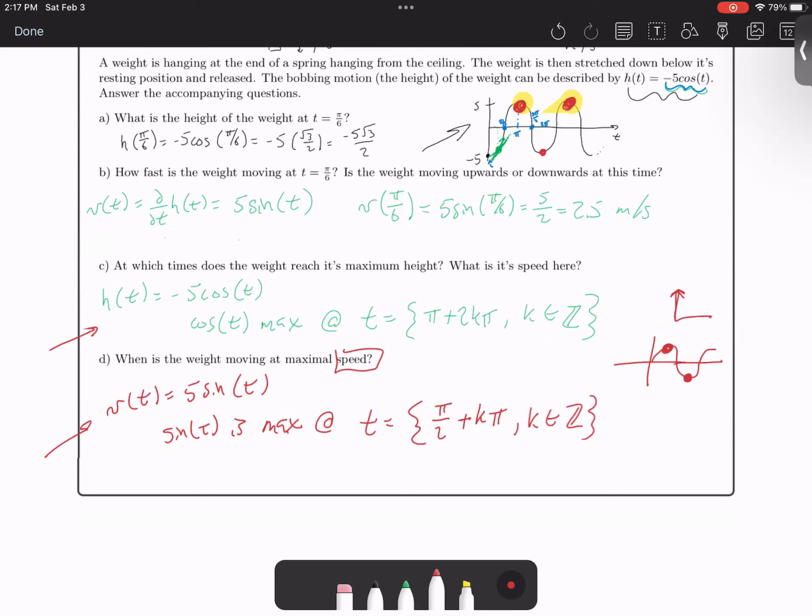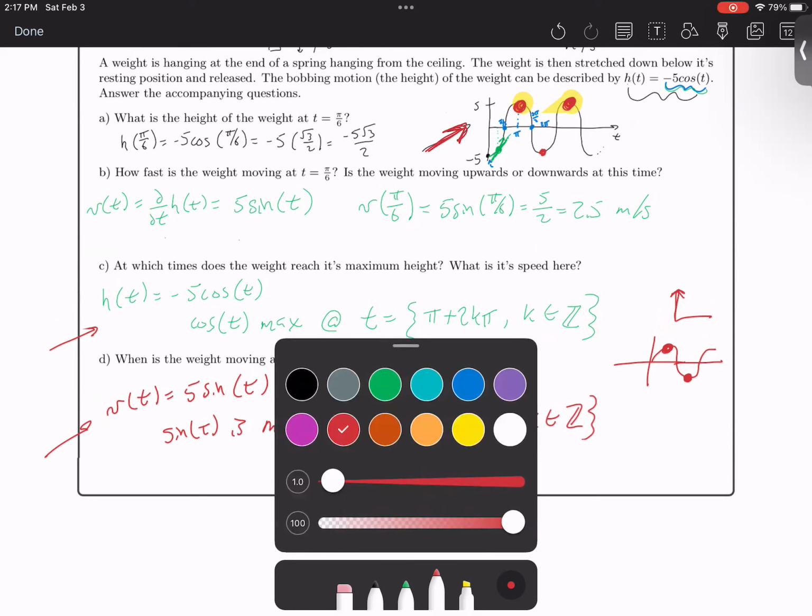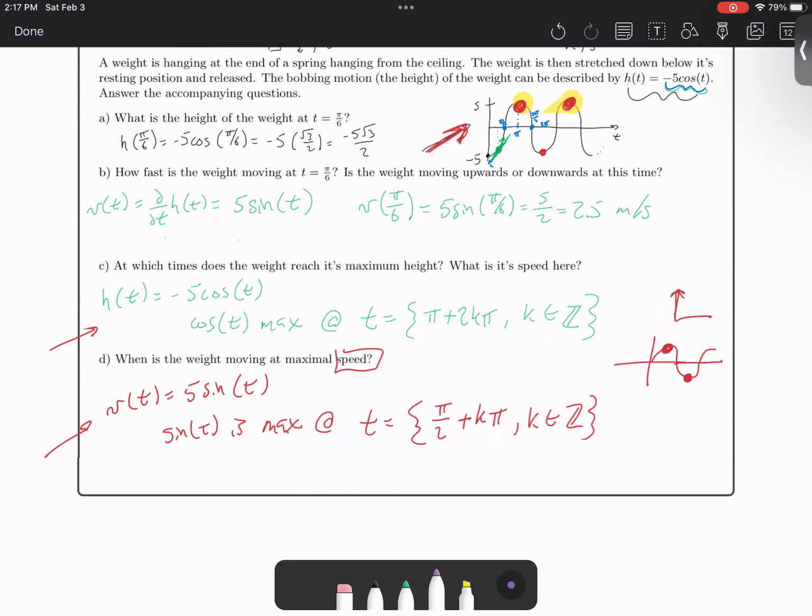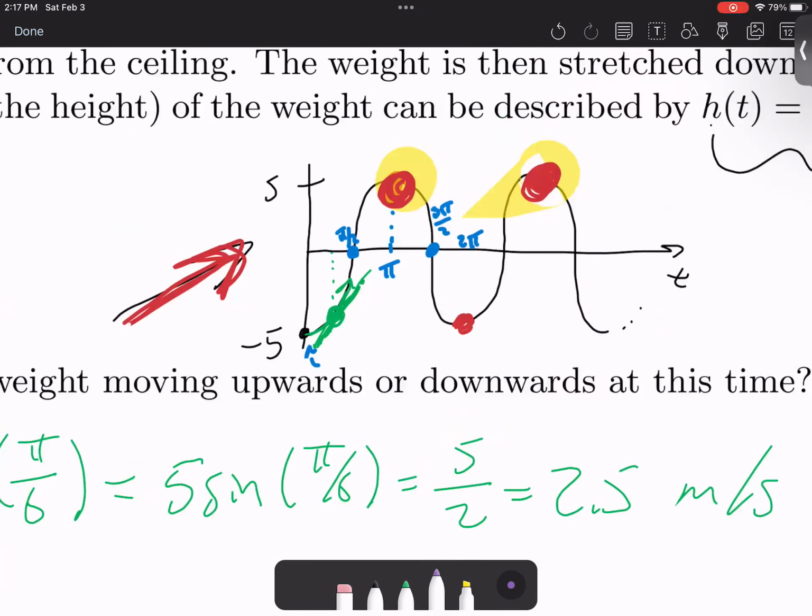So if I go back up to this picture here of our height, it's moving fastest at pi over 2 plus k pi. So it's moving fastest at, let's do this in purple, it's moving fastest at pi over 2. So right there at that purple moment, it's moving upwards at maximal speed, because as soon as it passes that moment, the spring starts to be pulled back downwards. And then it's moving maximally here for the same reason.